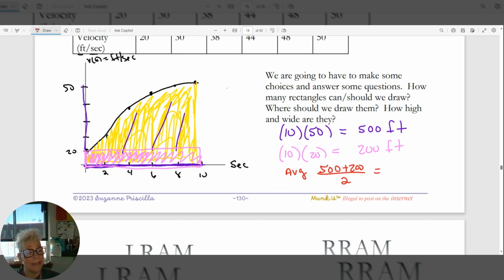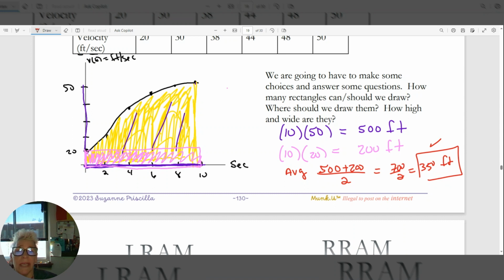Definitely didn't go less than 200. So the average of those two is 700 halves, or 350 feet. We don't know if we've actually gone 350 feet, but 350 feet is a much better estimate for how many feet we've gone than the over or under of 500 or 200.